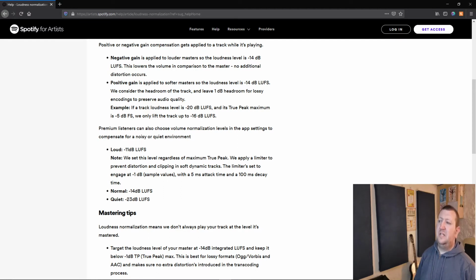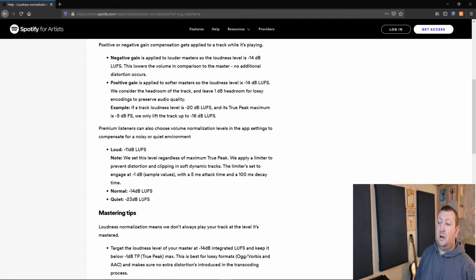They recommend the target of minus 14, but they're going to allow people to listen to it at -11. But if they're listening to it at loud, they're going to apply a limiter, which potentially may cause compression.